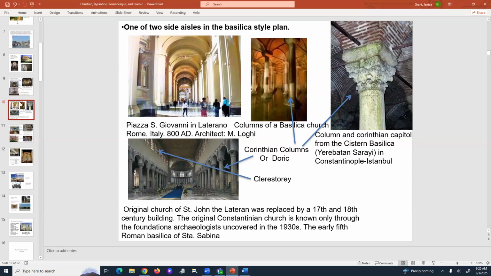Columns change a little bit over time as we get into around 800 AD. The column capital here, what kind do you think that is? You guys with me? Do you remember? This is the Corinthian.